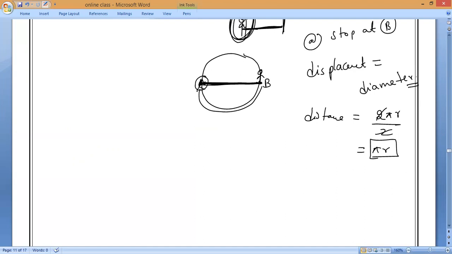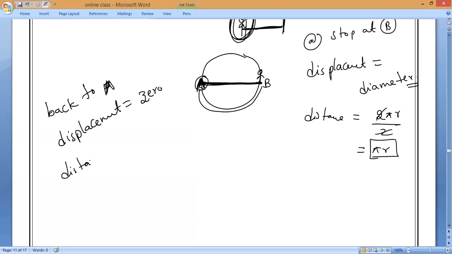Now, when a person comes back to point A, he started from here and he reached here only. So in this case, what is the displacement, guys? Displacement is equal to 0. But distance is equal to 2 pi r. That is what you have to remember.